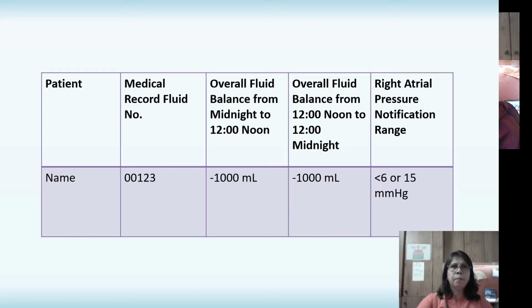Here is an example of how this prescription can be maintained. We can add the name of the patient, the unique ID number of the patient, the overall fluid balance which is desired in the 12-hour period, and the overall fluid balance which has been achieved in the 12-hour period. We can also add additional information points like the right atrial pressure notification range.